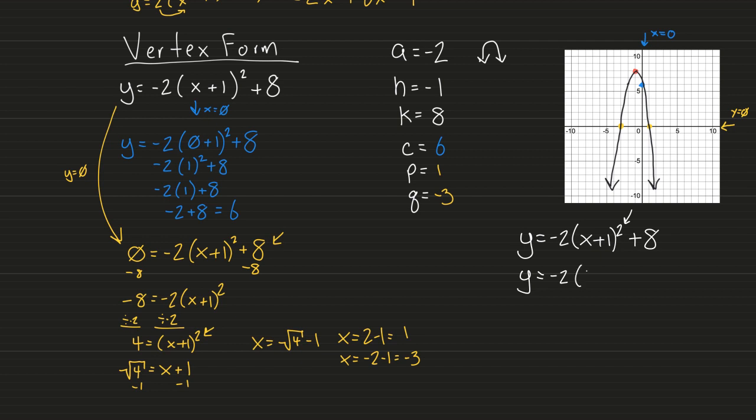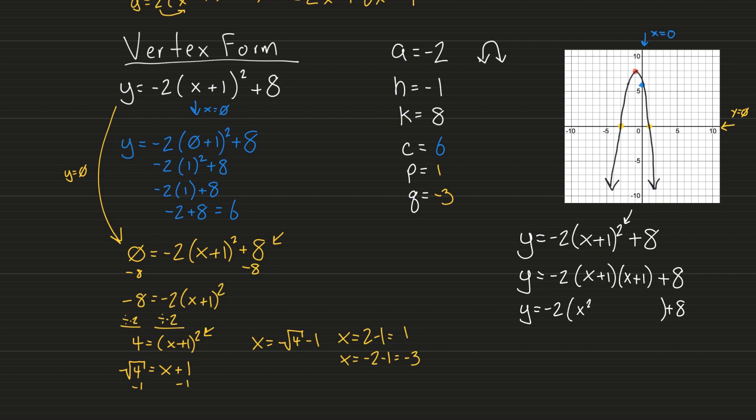So we're going to have (x plus 1) times (x plus 1). We'll have a little plus 8 out here. Now, this is starting to look a little bit familiar. We've got two groups, so we can FOIL that. We're going to keep the negative 2 and the plus 8 just kind of to themselves out here.